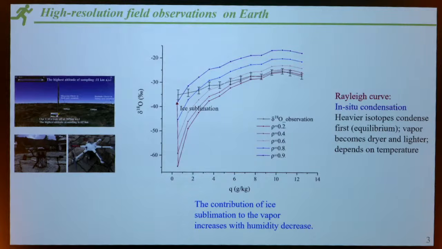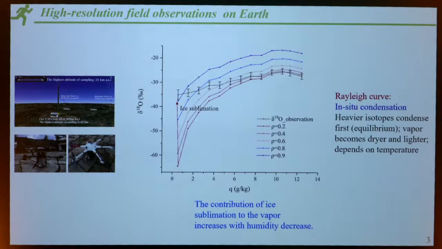Then we look at the impact of storms. During the typhoon event on Earth, the D/H ratios decrease compared to the pre-storm period, showing negative values in their difference. It's because convection results in heavy rainfall. Following the Rayleigh process, heavy isotope condenses, then the vapor becomes lighter and lighter.